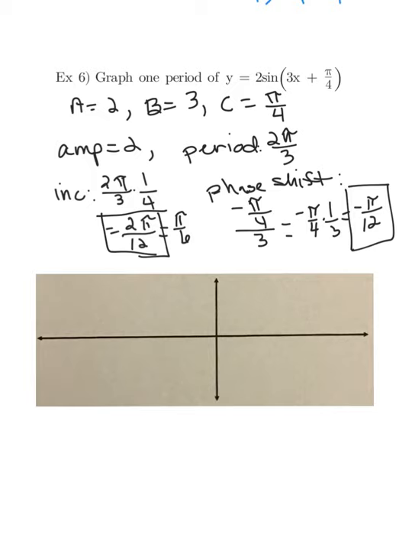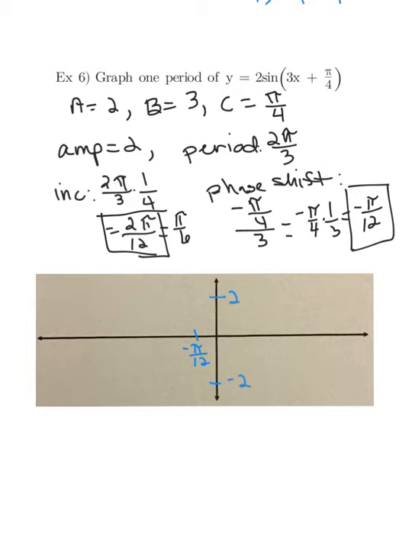Putting the graph together, our amplitude is 2. So our high is 2, our low is -2. Our first label needs to move left from the 0, means to go to negative pi over 12.